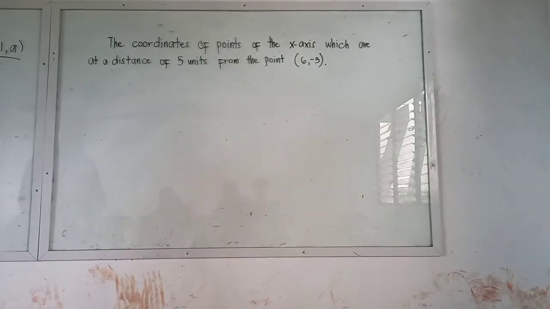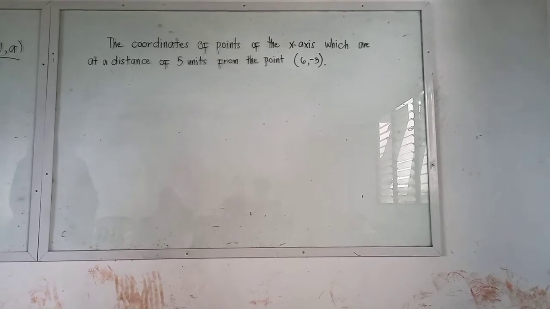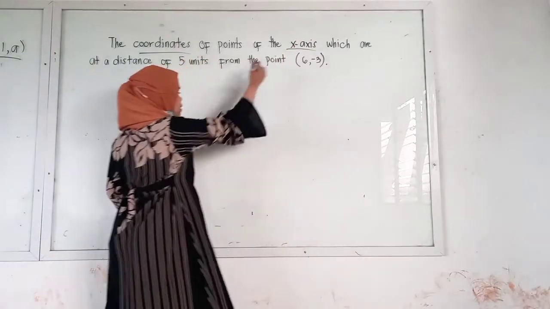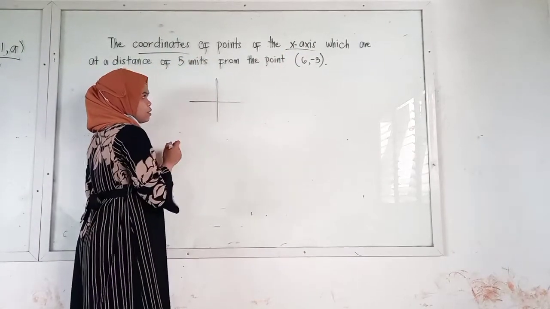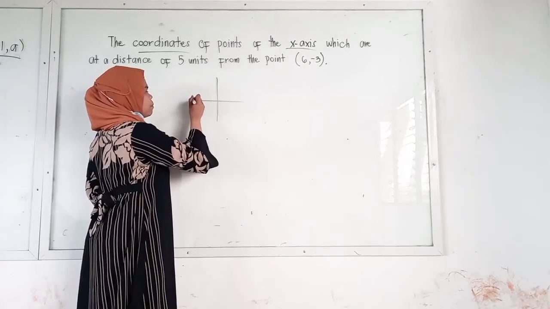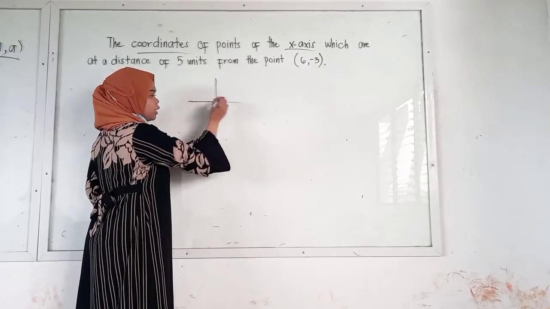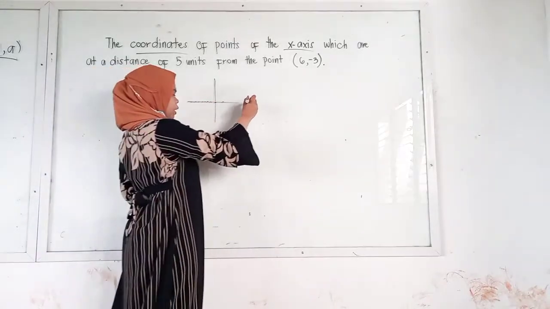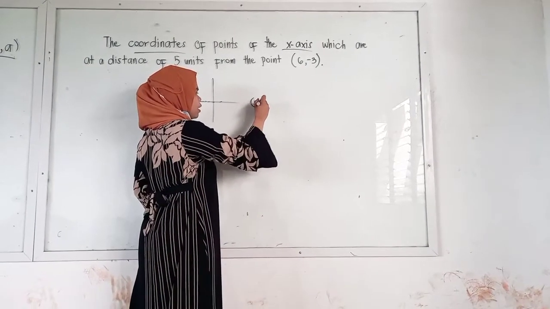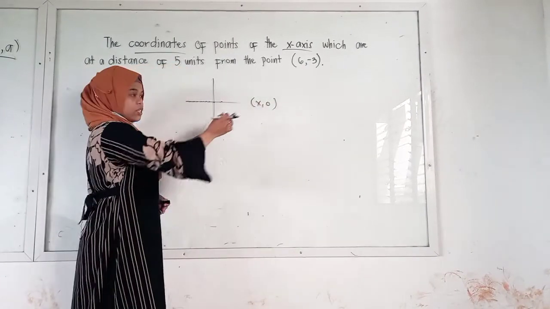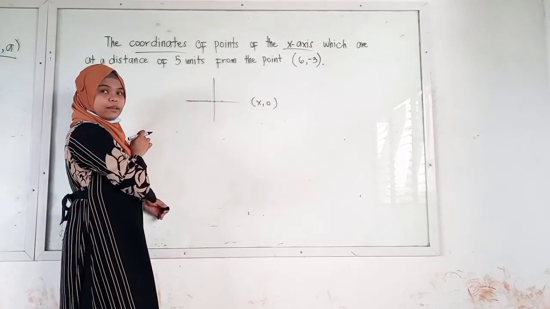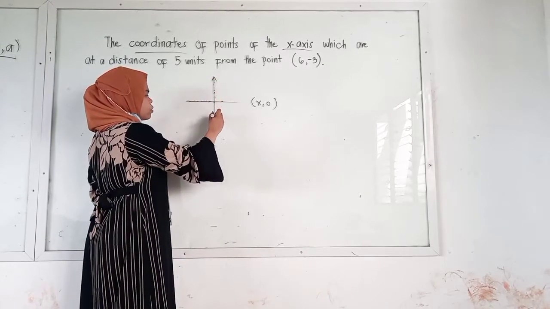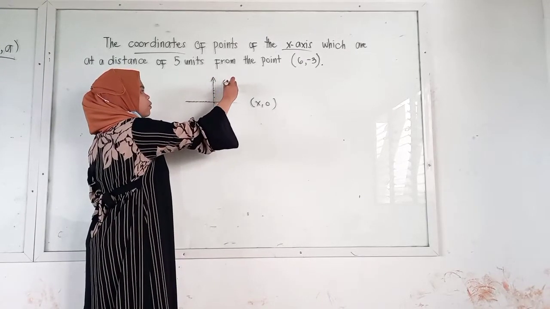Okay, so let us solve another problem by using the distance formula. The coordinates of a point on the x-axis. This implies from the given that the point is only on the x-axis, so our point is somewhere here. When the point is on the x-axis itself, it is understood that your point is x and 0, where x can be any number. If it were on the y-axis, for example, you would have the point or coordinate 0, y.